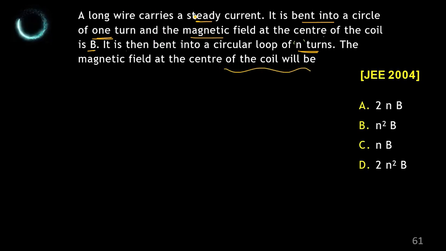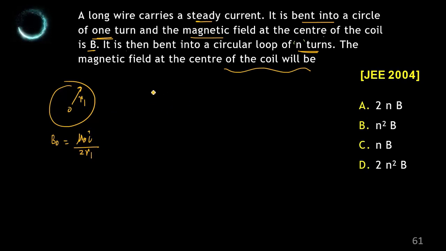Okay. So when bent into a circle of 1 turn, the magnetic field at the center of the coil is B. That means if I say this is the wire of radius, let us say R1, then in the initial situation, B at point O is equal to mu naught I by 2R1. This is the first situation.